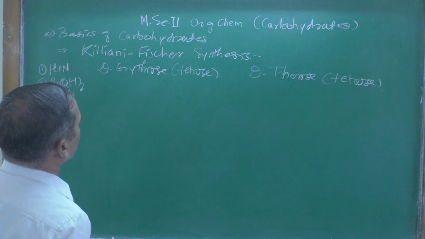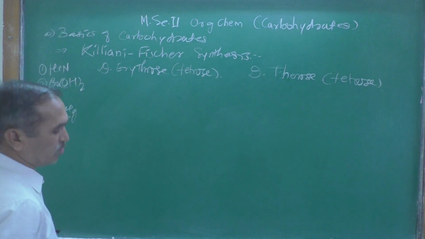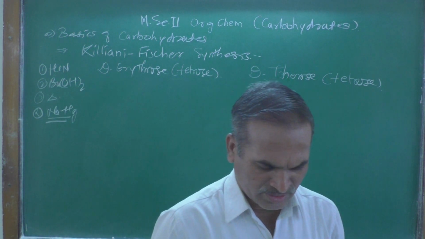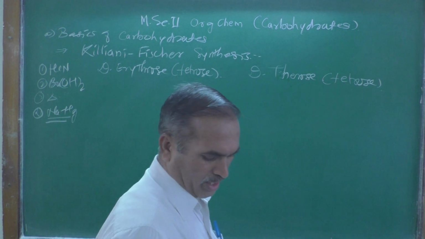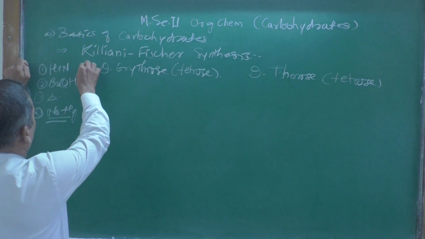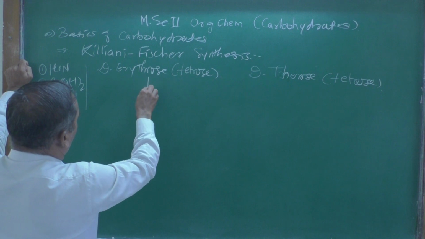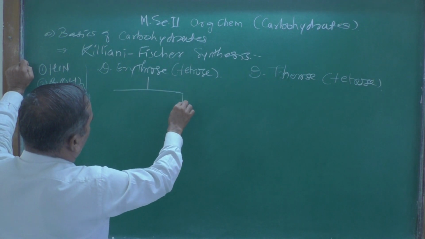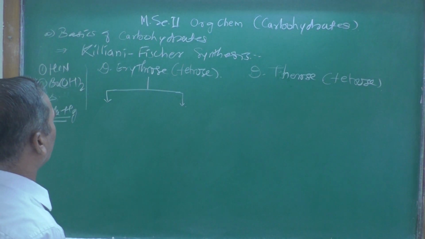Now these erythroses are further treated, and by adding all these steps together we get erythrose again. There are two compounds which we get over here.